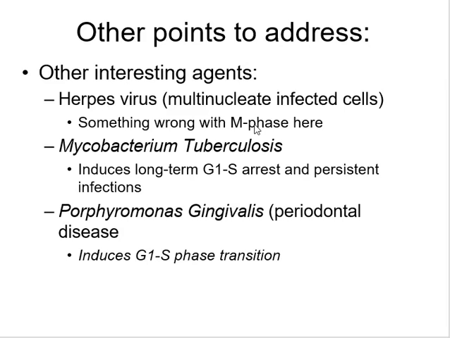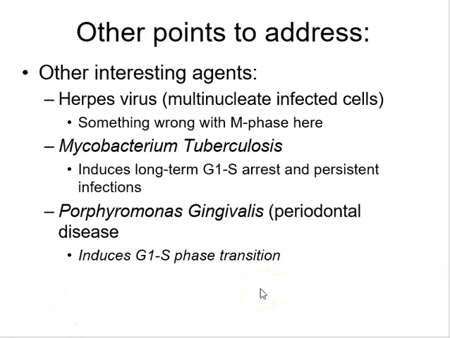What's the molecular mechanism for messing up cytokinesis? Mycobacterium tuberculosis induces a long G1S arrest in persistent infections. So you might want to look into what proteins are secreted or produced by this particular bacterium to induce that G1S arrest. And P. gingivalis causes periodontal disease, and that also induces a G1S transition.